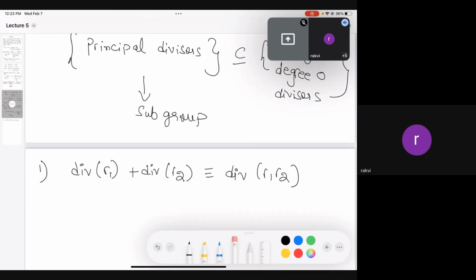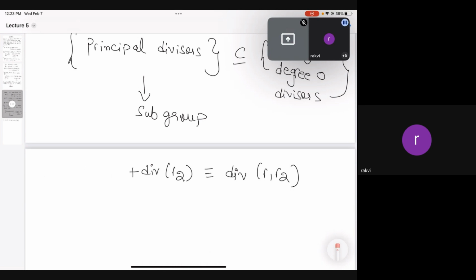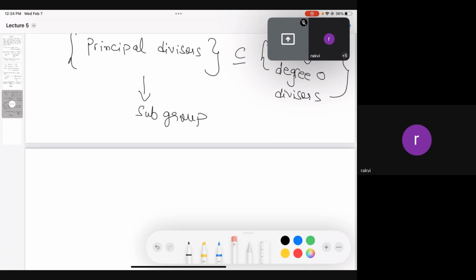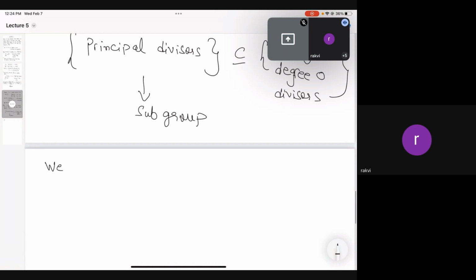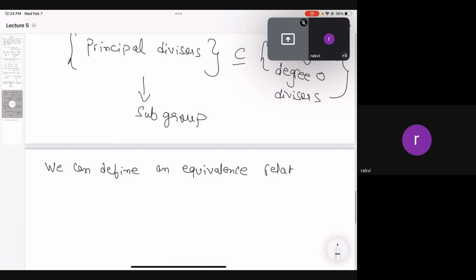So now that we know what principal divisors are, we can define an equivalence relation on the set of divisors.